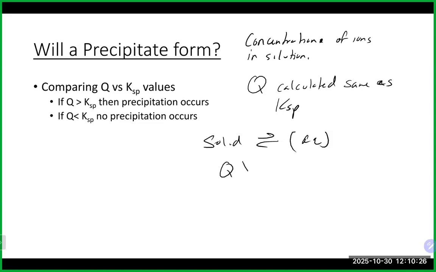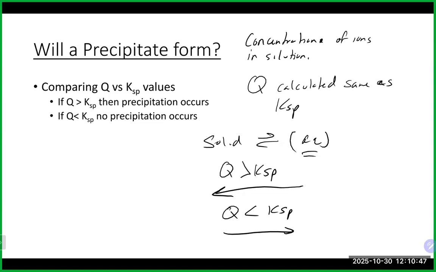If Q is greater than the KSP, the reaction goes opposite the way it's pointing, toward the reactant side, and you would expect a precipitate to form, a supersaturated solution. If Q is less than the KSP, it goes toward the aqueous side, and you would not expect a solid to form. You have an unsaturated solution at that point, and you would need to do other things to see it form.